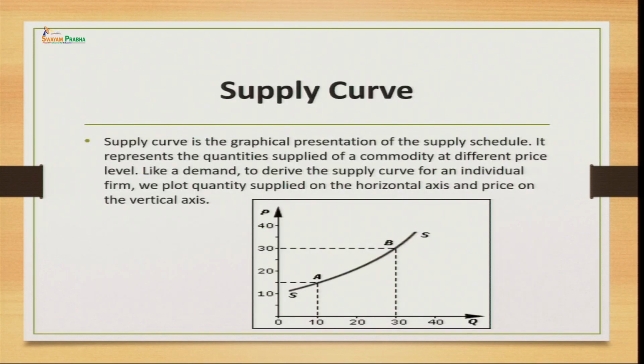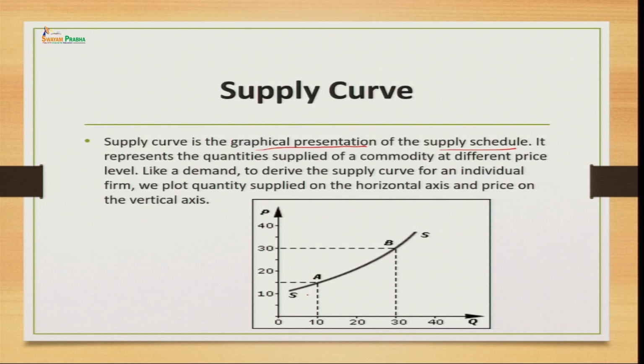Looking at the supply curve, right, this is again a graphical representation of what we have seen in the supply schedule. This is how we represent the supply curve. This is the graphical representation of the supply schedule, and it represents the quantity supplied of a commodity at different price levels, right.